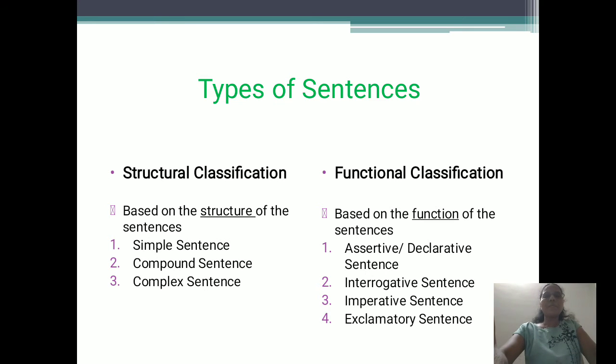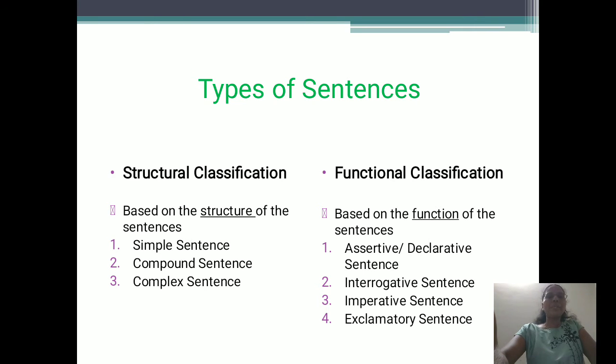The other type of sentence is based on the function of the sentence, and we have four types of sentences. That is assertive or declarative sentence. In assertive or declarative sentence, we declare something or we state something. Then the second type is interrogative sentence. Interrogative sentences are used to ask questions, or to seek permission, or to seek confirmation.